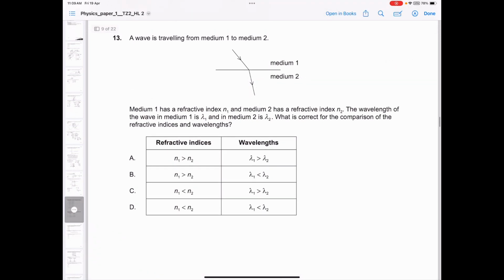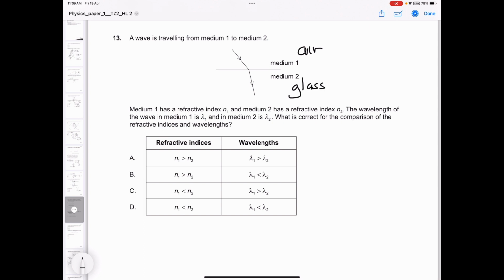Alright, number 13. Wave is traveling from medium 1 to medium 2. We have to compare the refractive indices and the wavelengths. So I think the best way to do this one is to imagine that medium 1 is air and medium 2 is glass.